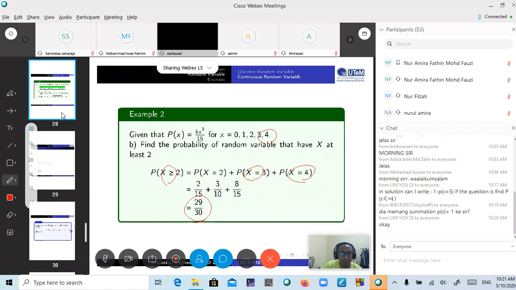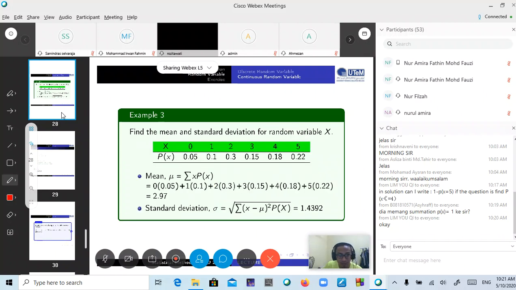Okay, next. This one, we put in the table and then you want to find mean and standard deviation. Ya, Ashraf. Dia memang summation px equal to 1. Kan two condition of probability.